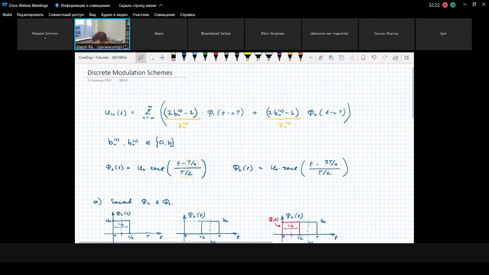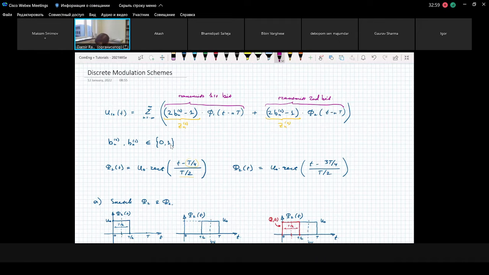Just to remind you, the first part that contains the first pulse shape function transmits the first bit, and the second part transmits the second bit. So we have the first pulse shape function for the first bit, the second pulse shape function for the second bit.